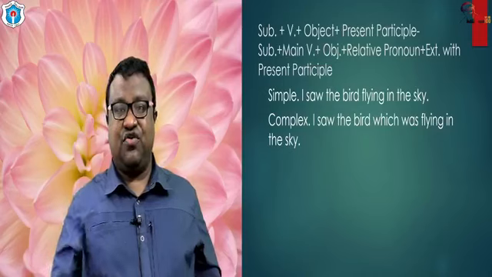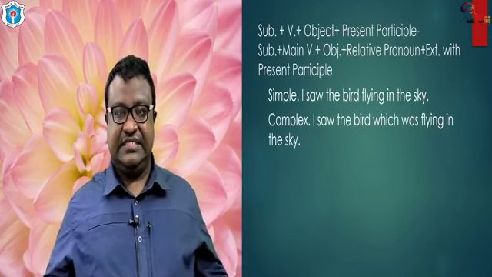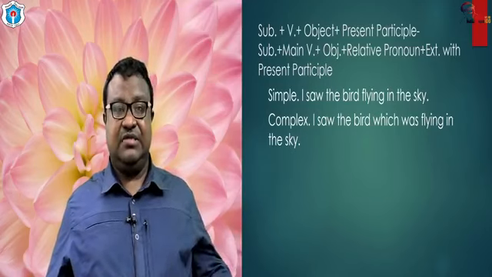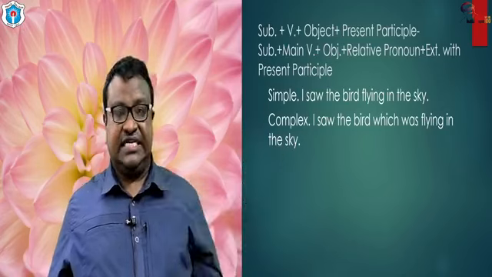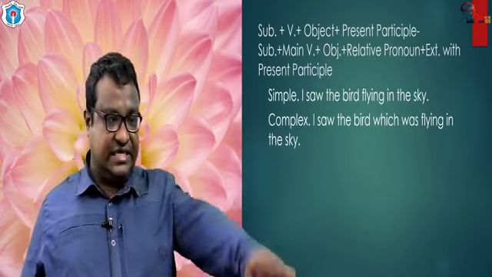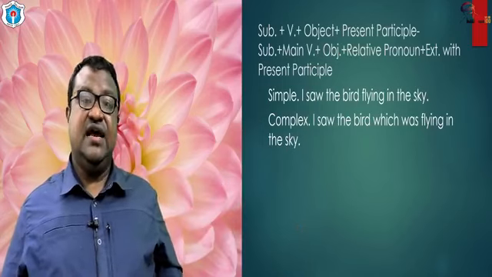Now in case of continuous tense, what kind of continuous tense are we going to use? Will it be present continuous or past continuous? It depends upon the tense of the simple sentence, because here we see that in the simple form, it is I saw the bird, so it is in past form.